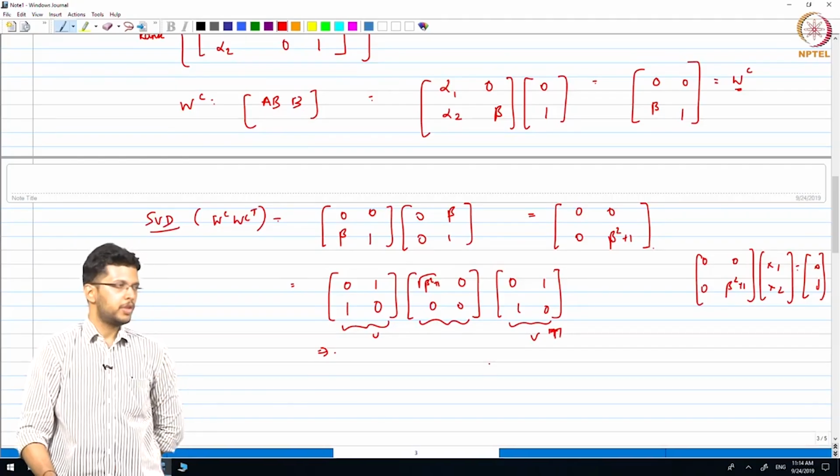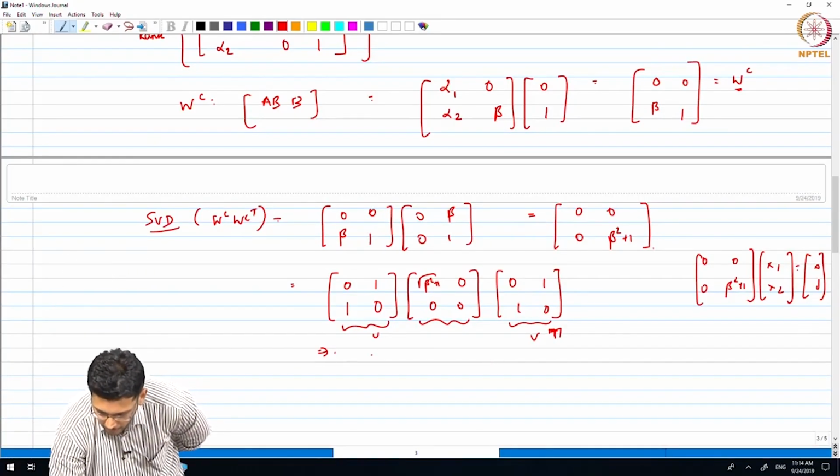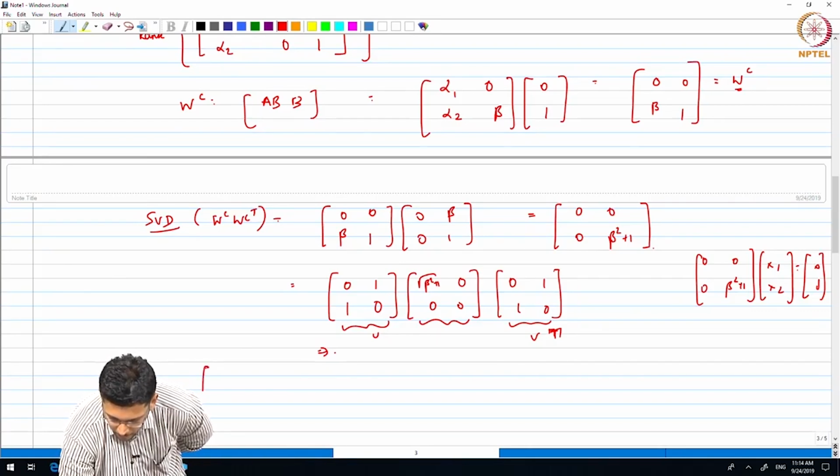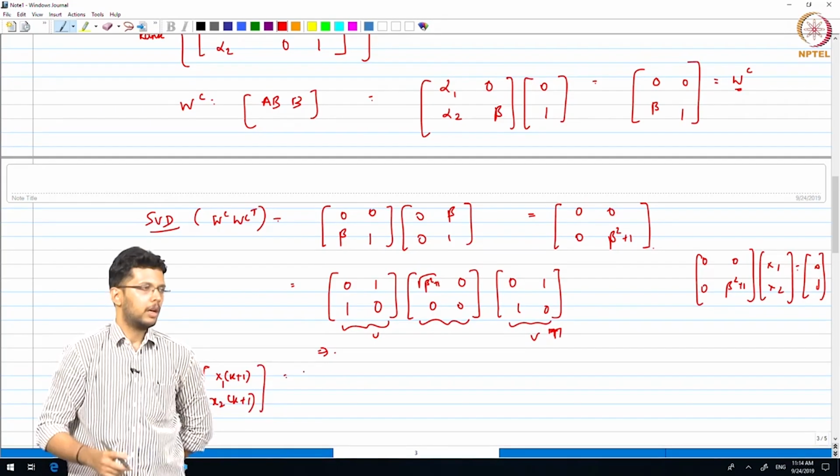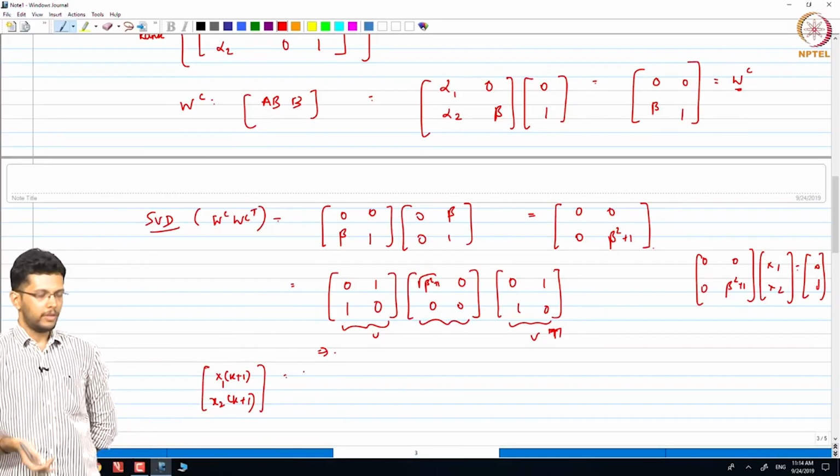So the transformation which you make, we need to find the states which are reachable and the states which are not reachable.